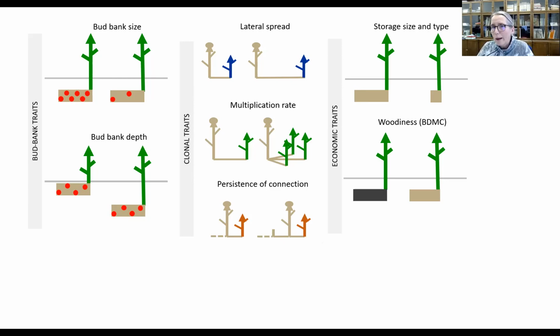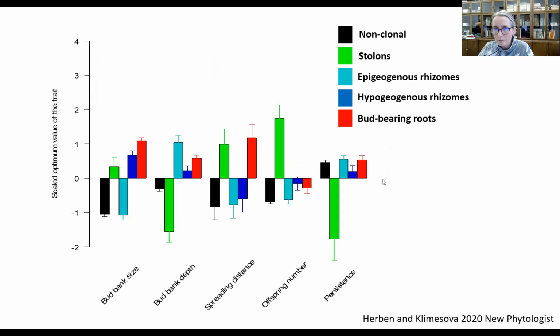Or you may measure storage size and type, or woodiness of these belowground structures. And these morphologies, these stolons, rhizomes, bud-bearing roots, are to a certain degree different in these traits, but sometimes they are similar.